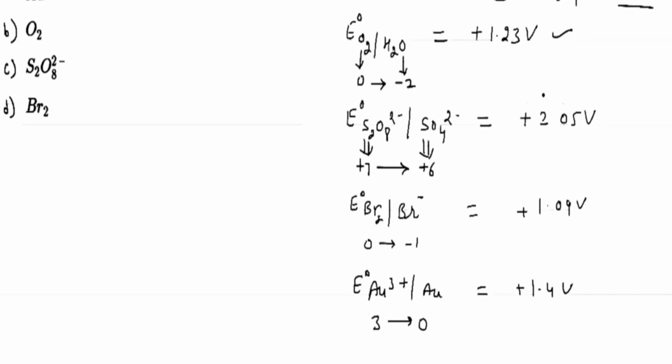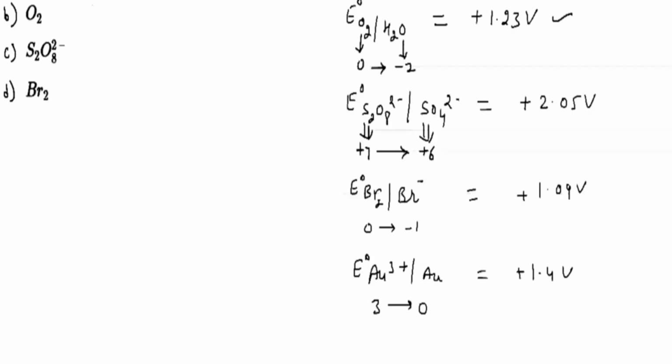We have to find out which of the following species is the strongest oxidizing agent. We know that the higher the value of reduction potential, the stronger the oxidizing agent. In this data, 2.05 is the highest reduction potential.